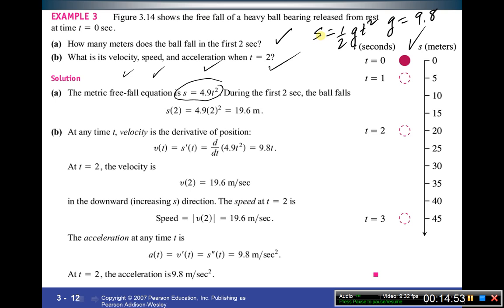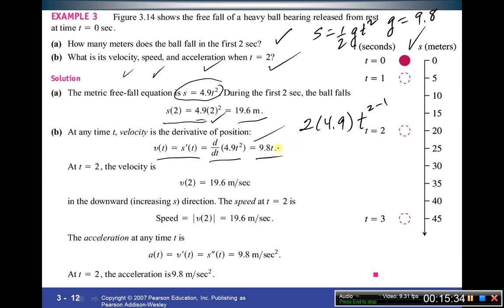So just plugging in to the equation for s, we get 4.9 times 2 squared equals 19.6 meters, which is how far the ball falls in the first 2 seconds. Now, to calculate the velocity, we need to take the derivative of position, which is d dt of 4.9 t squared, and using the power rule, you're going to get 2 times 4.9 times t to the power 1, which is 9.8 t.